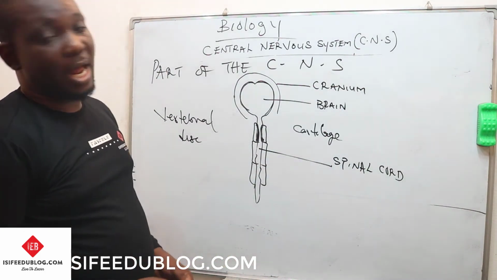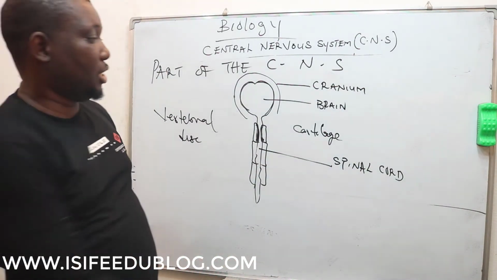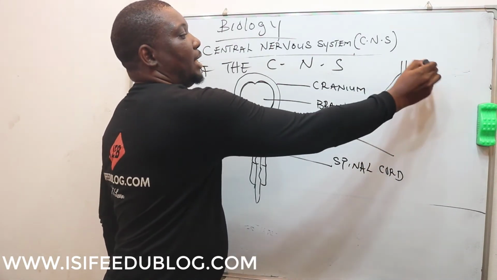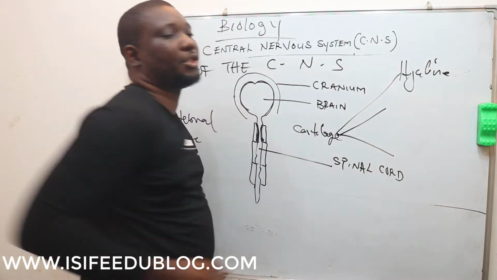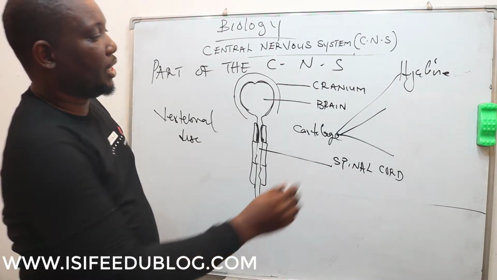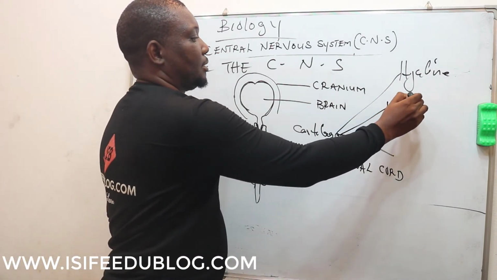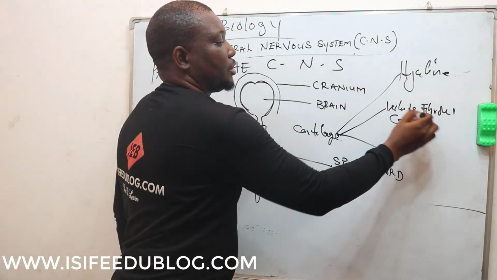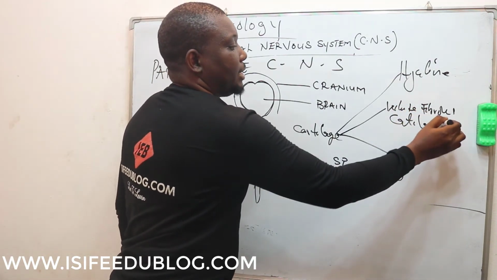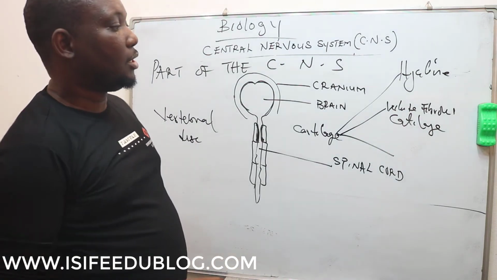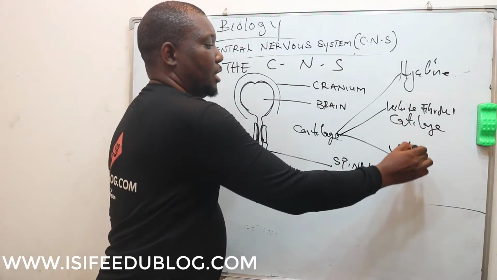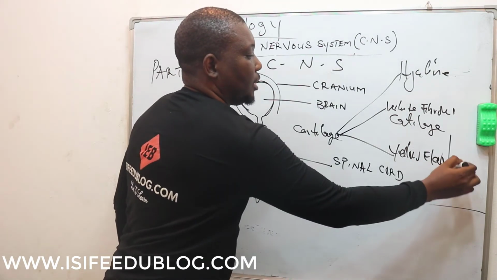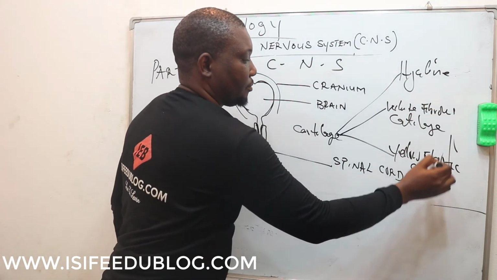We have three types of cartilage: hyaline cartilage, the white fibrous cartilage, and the yellow elastic cartilage.